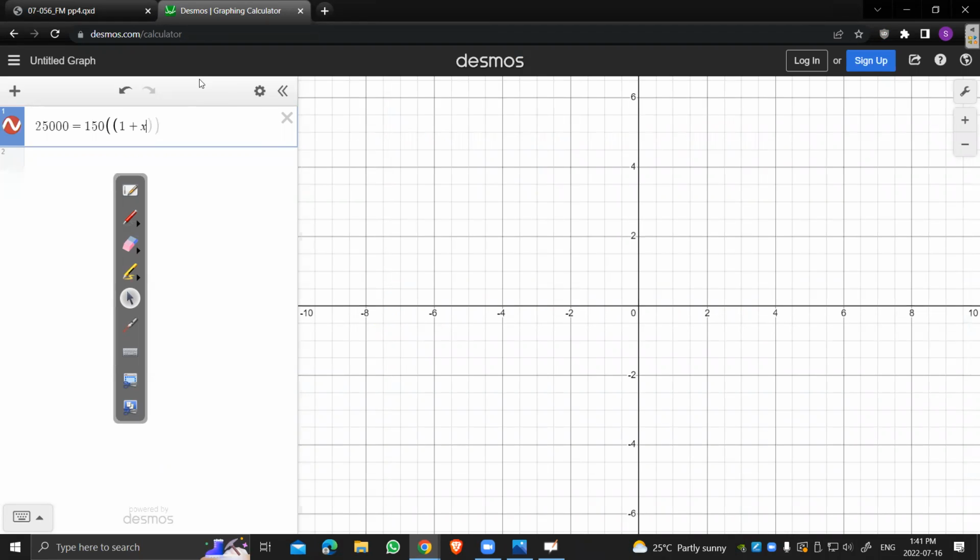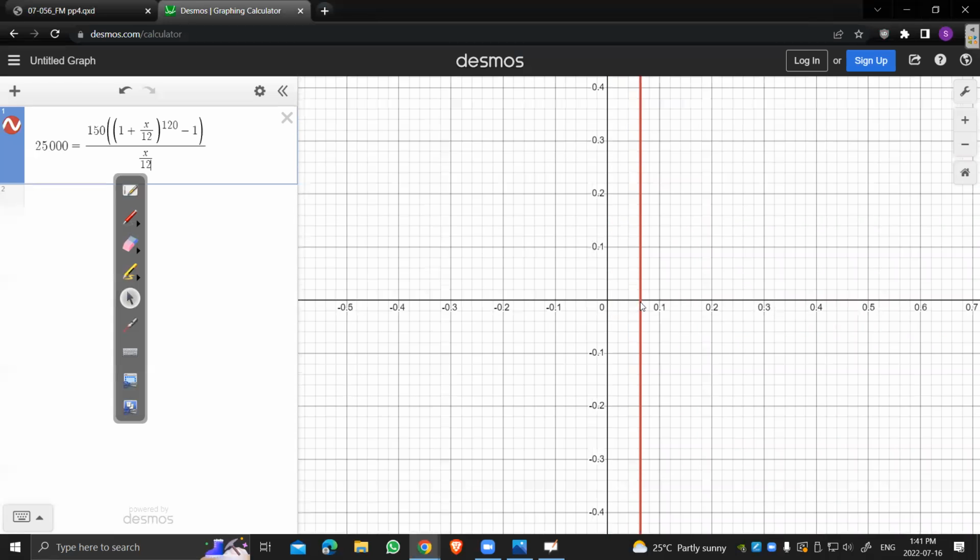It doesn't use I, it uses Y and X, like this, to the power of 120, you see that? Minus 1, okay? And everything divided by X over 12 as well. There we go. And the answer is right there.